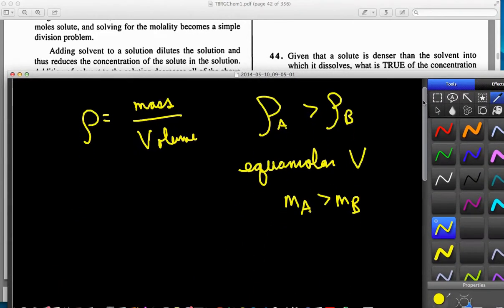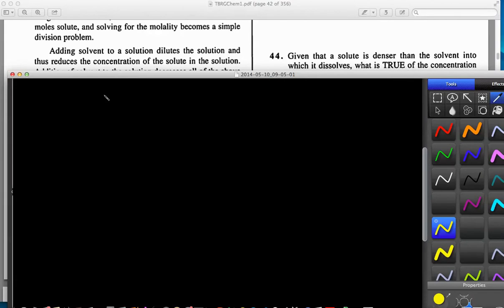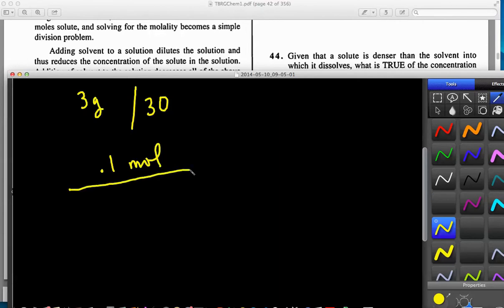Let's think about a situation where we have three grams of a solute, and let's say, just to be simple, its molar mass is 30. So that's 0.1 moles. And let's say that we have 10 grams, which is 0.01 kilograms.